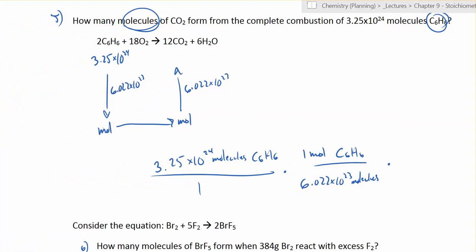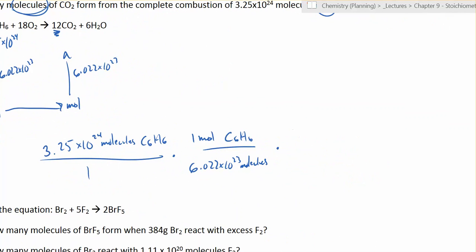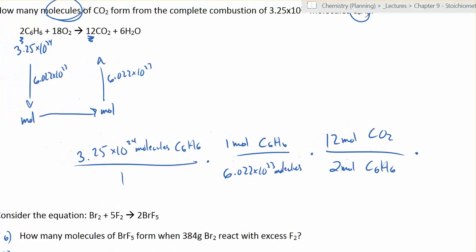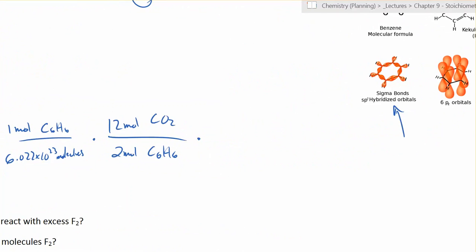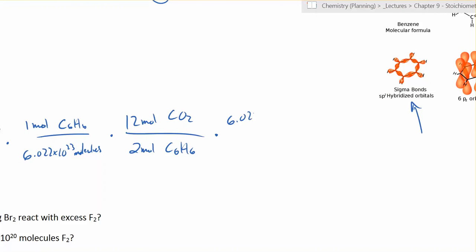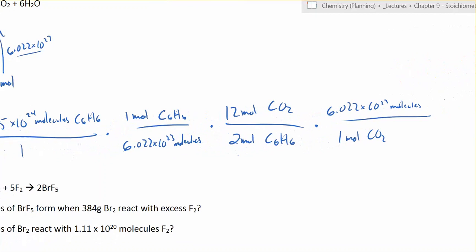Once we know the moles of benzene we know that 12 moles of CO2 are produced for every 2 moles of benzene that are consumed. There's our mole-to-mole ratio. And finally, we can use Avogadro's number again to convert to molecules of carbon dioxide that are produced. That'll be 6.022 times 10 to the 23rd molecules for every 1 mole of CO2.